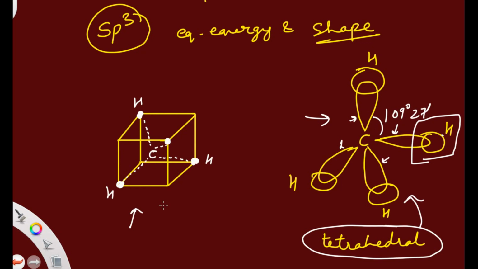This gives you the actual tetrahedral structure. You can use it for your future reference. Remember this is the actual structure of methane, that is tetrahedral structure, and the hybridization is sp3. We will talk about the hybridization and shapes of different molecules in the next video.